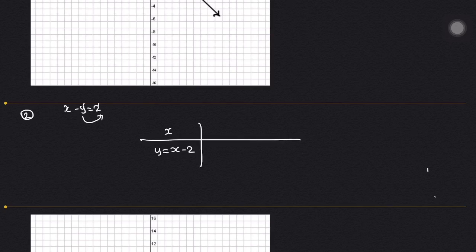Now I substitute the value of x is equal to 0. The y value is equal to minus 2. Then next one, x is equal to 2 means the value of y is 2 minus 2. So the value is 0.